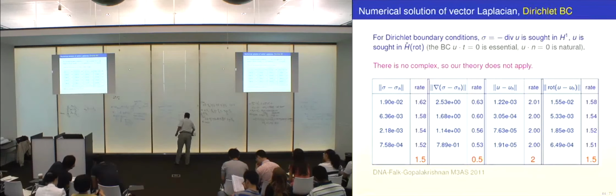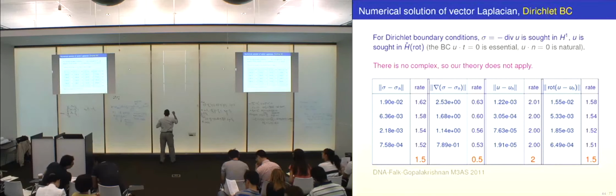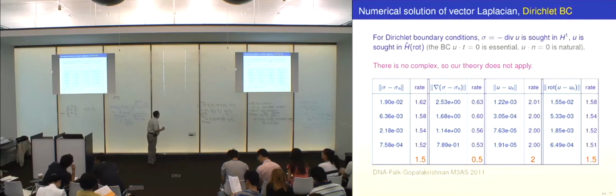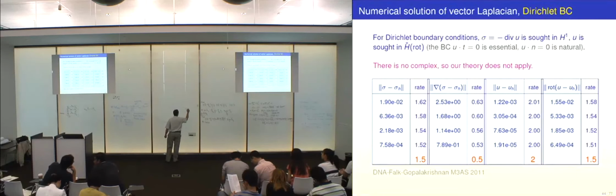Suppose I give you a Hodge-Laplace problem with a certain domain. It has certain holes, it has certain voids in it, and it has certain boundary conditions. Here we have magnetic, here we have electric, here we have Dirichlet, and so forth.